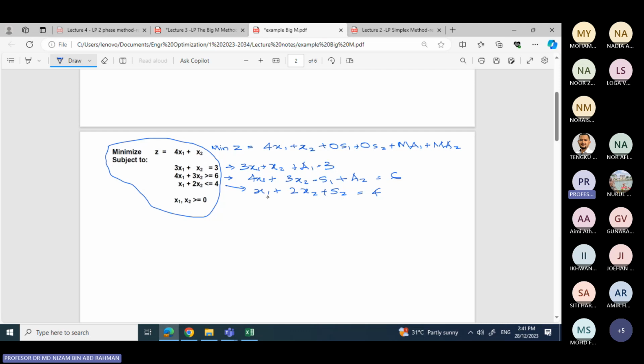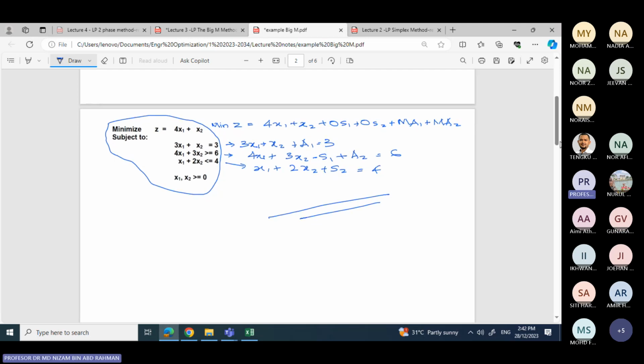And then the last one is x1 plus 2x2 plus s2 equals to 4. And then you rewrite the objective function. So since it's minimization and it has artificial variables inside it, the multiplier for the artificial variable should be plus, not minus, right? And if I rewrite it, it becomes 4x1 plus x2 plus 0s1 plus 0s2 plus Ma1 plus Ma2, right? So at this point, I think it should be clear for you guys, right?